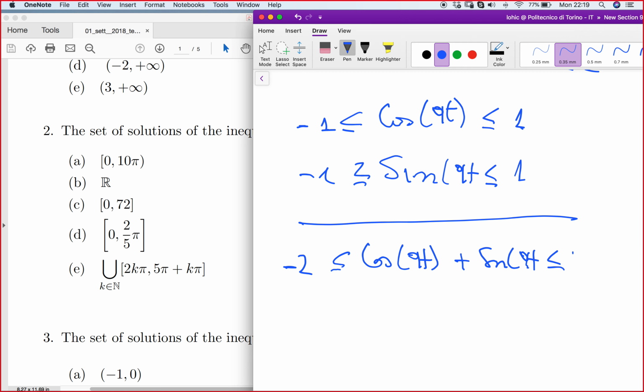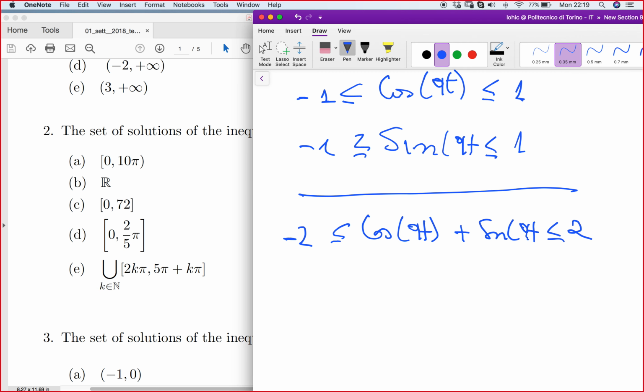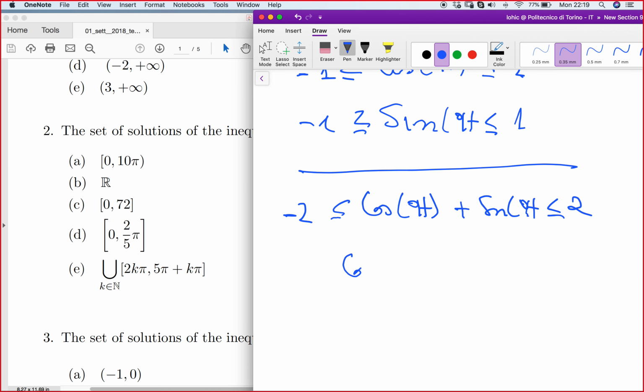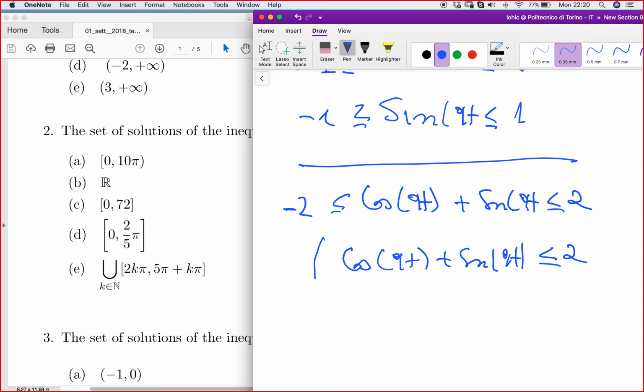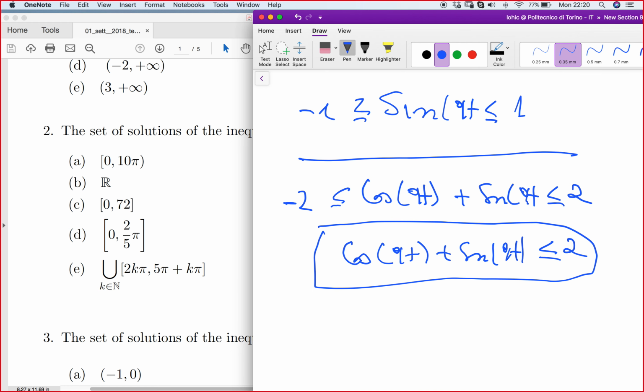And in the best case, I get 2. What did I prove? I proved that whatever the quantity, the cosine of any quantity plus the sine of the same quantity will never exceed 2. This means that this holds whatever the quantity you take.